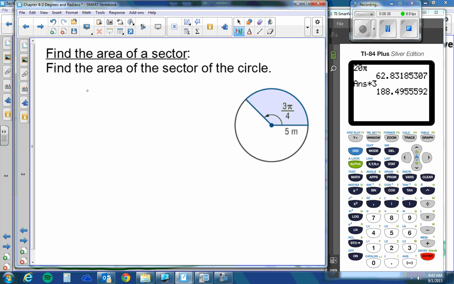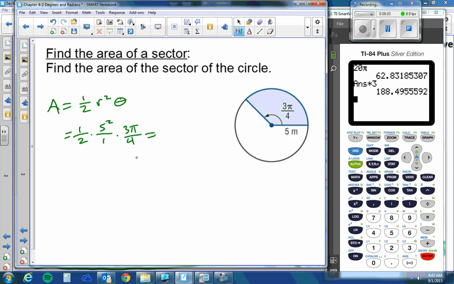All right, this is not hard. The first example, we're going to use that formula. So it's 1/2 r squared theta is the formula. Since you have fractions here, I would make everything look like a fraction. So you're doing r squared, that's 5 squared, but put it up there like that, like it's a numerator. And then theta is expressed as a fraction. You see how I'm saying? You just line it all up like that, it's not bad.